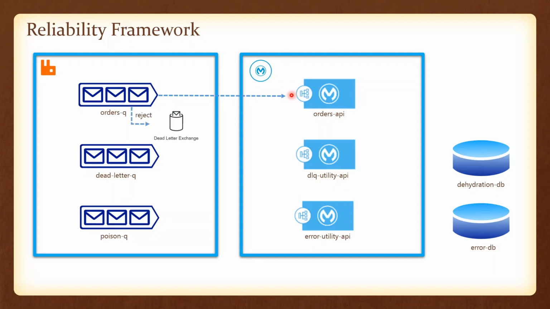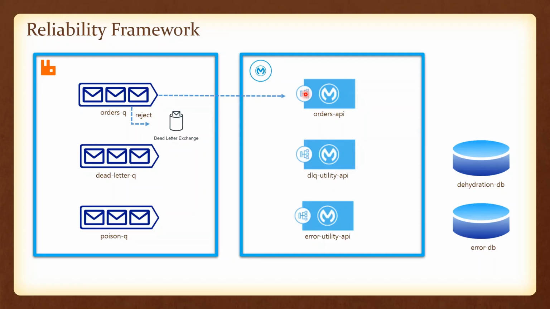Then suppose in the orders API there occurs a transient error, which could be a connectivity error in this case. So it's not a wise idea to push the message to the error DB or to the poison queue. What this API will do is reject the message, basically send a negative acknowledgement using the reject AMQP connector.